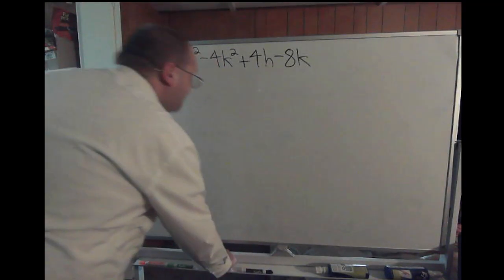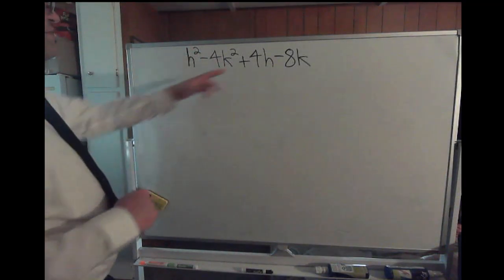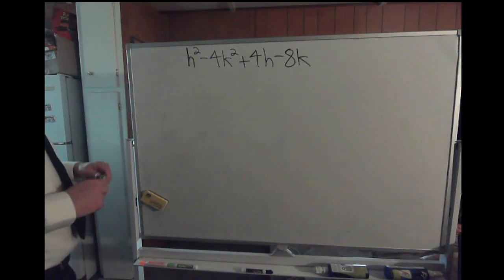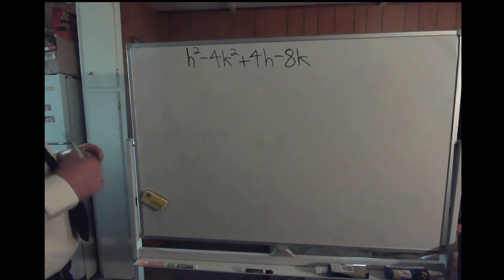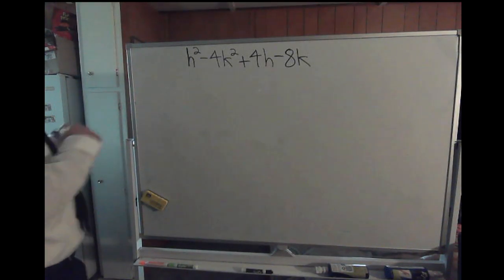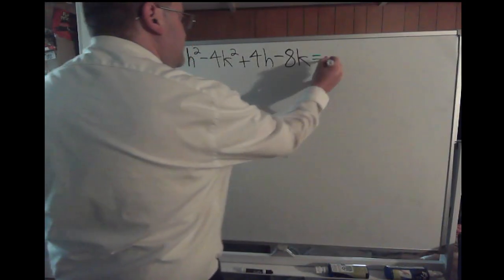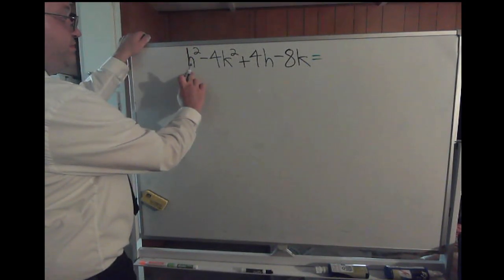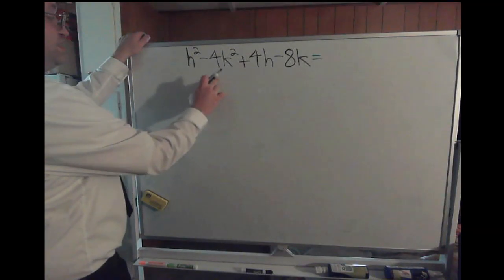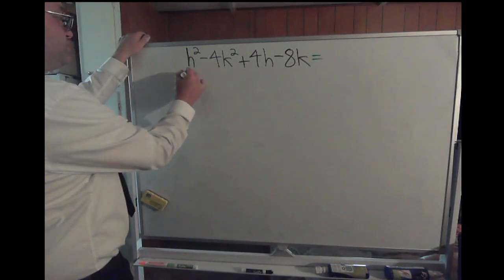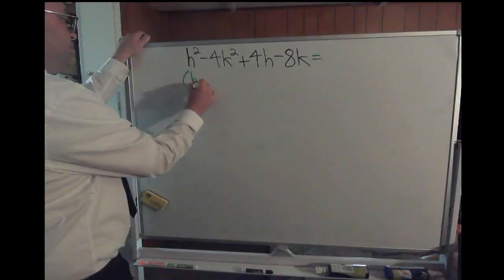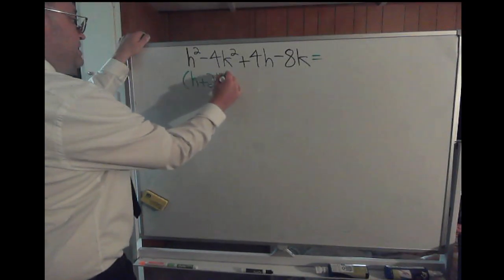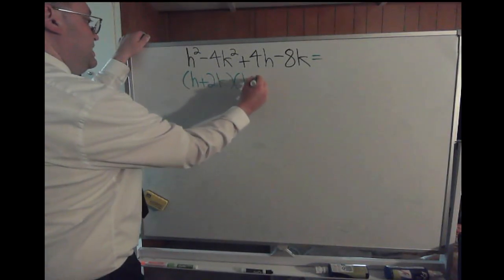Well, we don't have an hk term, so we don't have a perfect square trinomial. It looks to be that we're going to have to take these two terms at a time. So let's just worry about factoring h squared minus 4k squared. The difference of two squares, you would get h plus 2k times the quantity of h minus 2k.